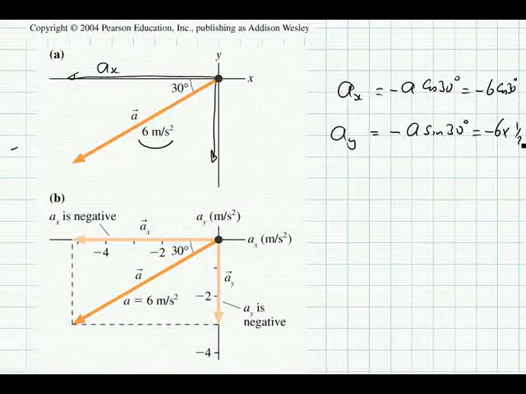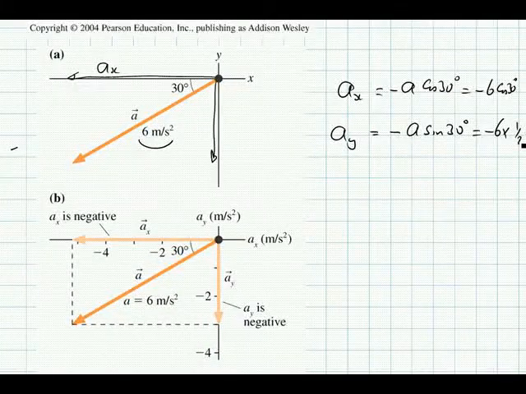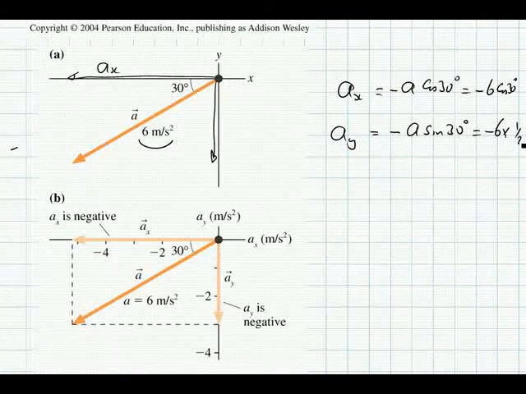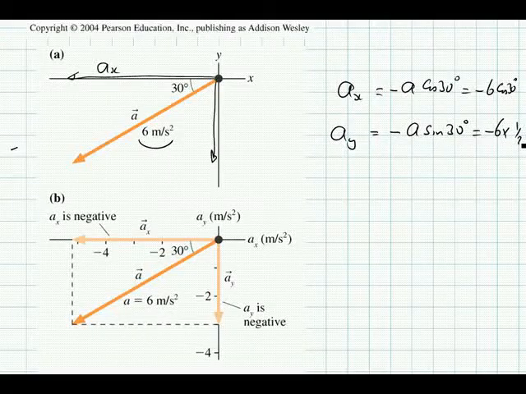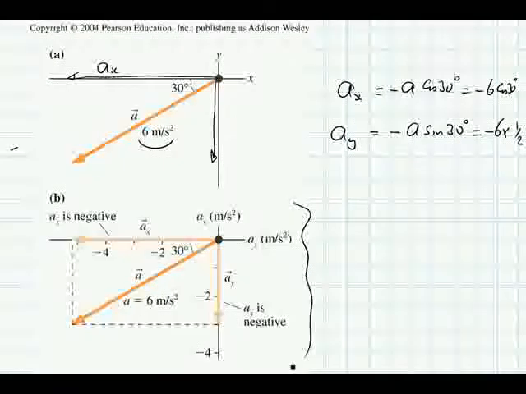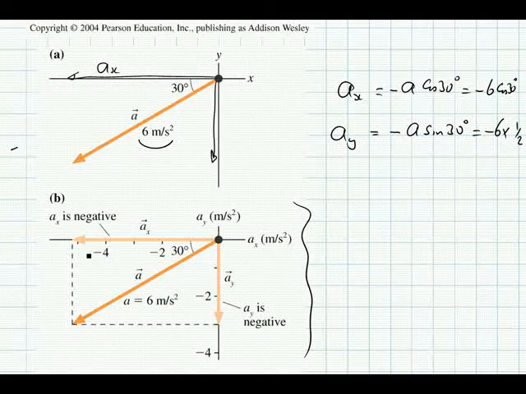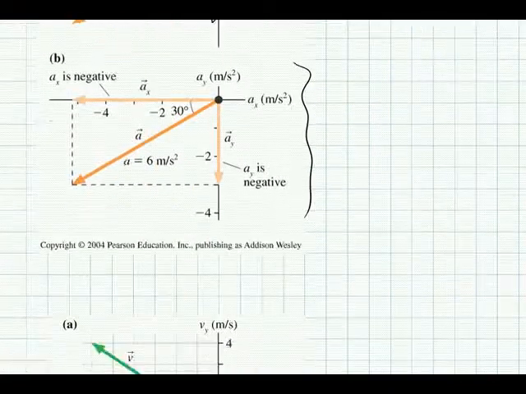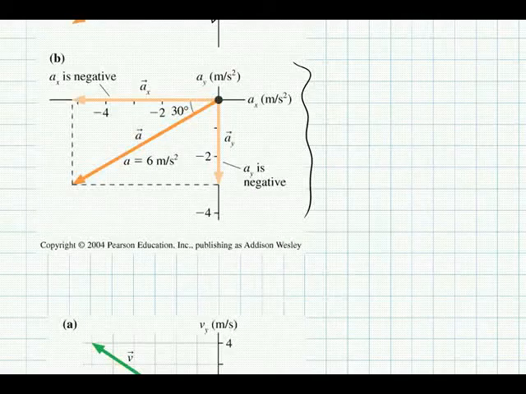Okay, so that's just a little example to show how you use sines and cosines to work out the components of a vector. And in this figure you see Ax and Ay shown parallel to the x and y axes respectively.